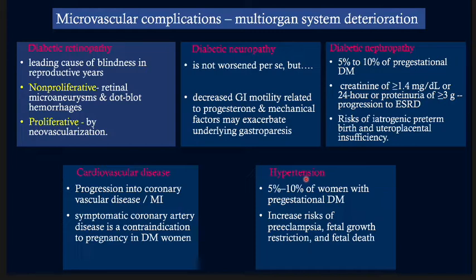And very often the first time they see an ophthalmologist is during pregnancy, because we are keen on this side. Cardiovascular disease is usually stable. There are not many reports pointing to the heart and cardiovascular system in general worsening. And neuropathy is not bad for diabetic patients during pregnancy, because again, we have to think these are a young population of reproductive age. These are not elderly women in whom we expect neuropathy.